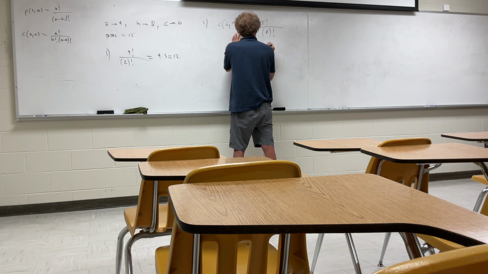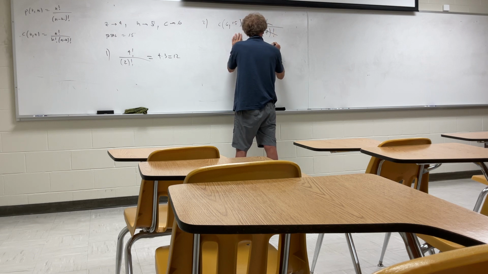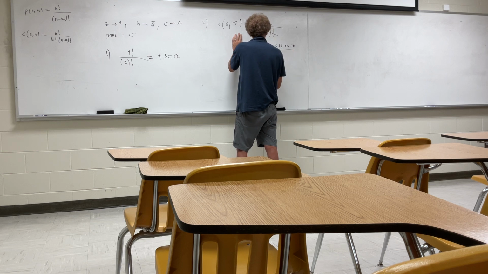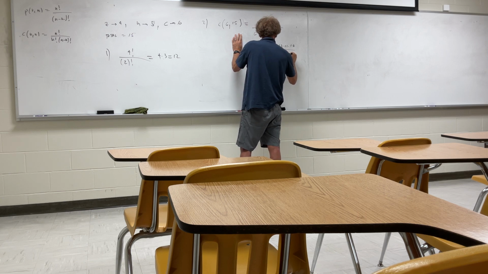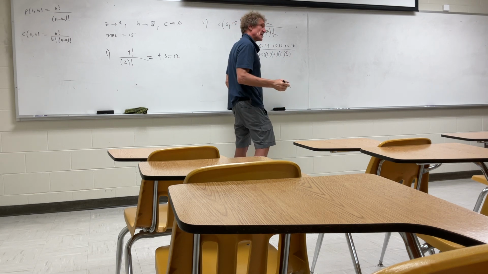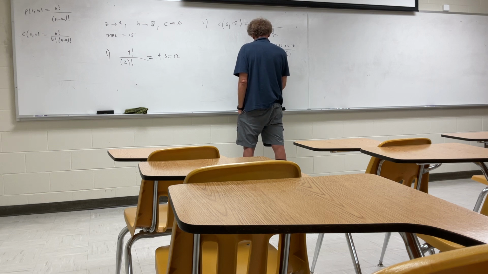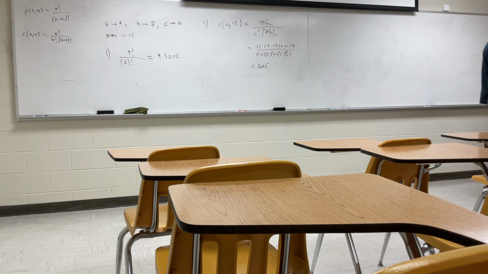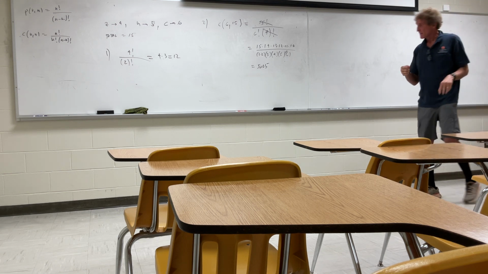So I'm just going to say, cancel this and this, and I have 15 times 14 times 13 times 12 times 11 times 10 over 6 factorial, which is 1 times 2. I'm trying to see what I can cancel. Can somebody just give me this real quick? Is it 5,005? I remember that, I think. And it should work out. I didn't do the math on this. Did you check that to make sure it's okay?